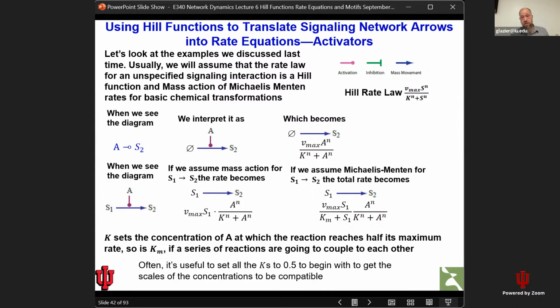So it has to saturate. If we have no A, we probably don't want to be producing much S2. So the amount of S2 being produced should be an increasing function of A. Now, the shape of that function is not so obvious, but there has to be some value of A at which the production is half of its maximal rate, and we'll call that capital K. Okay.